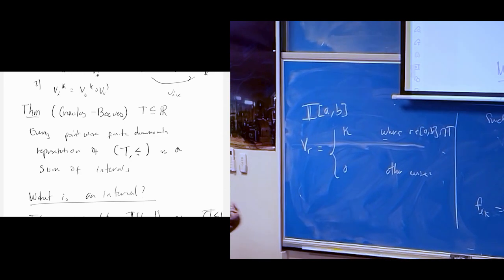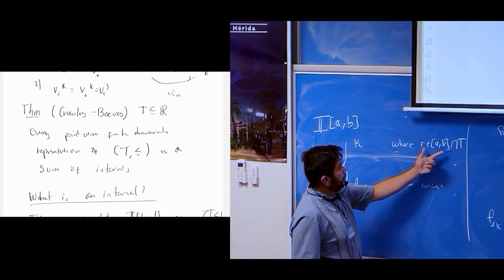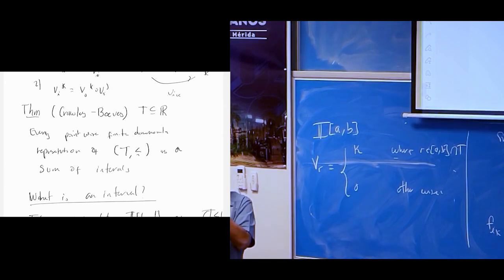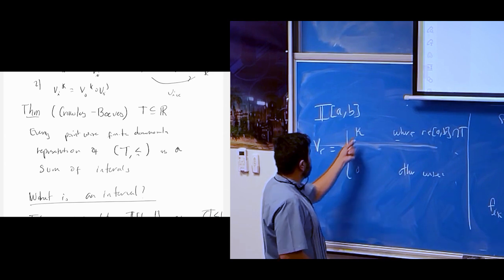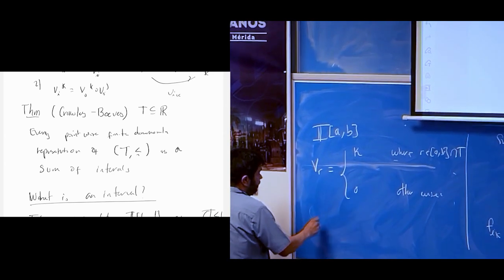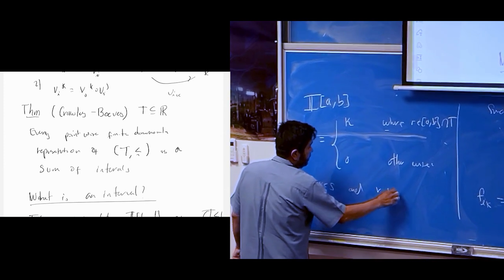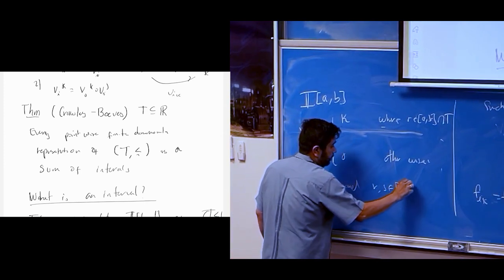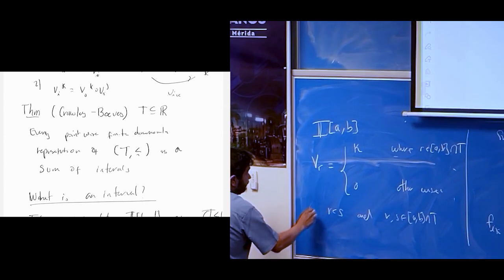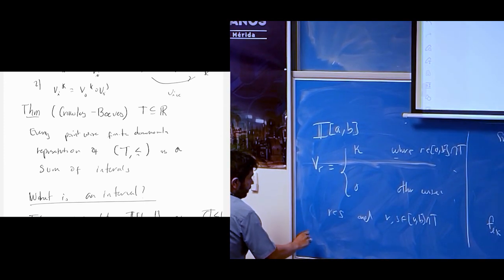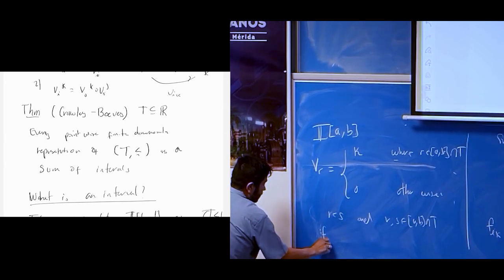So when R is in the interval, you get the field, the one-dimensional vector space. And if R is lower than or equal to S, and S is in the interval, then F_RS is just the identity map.